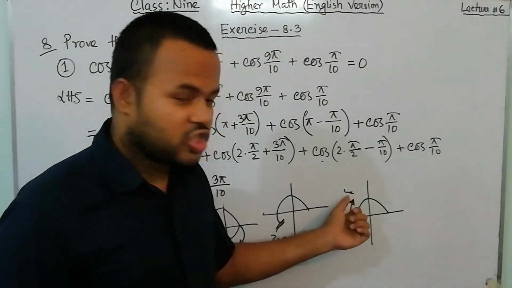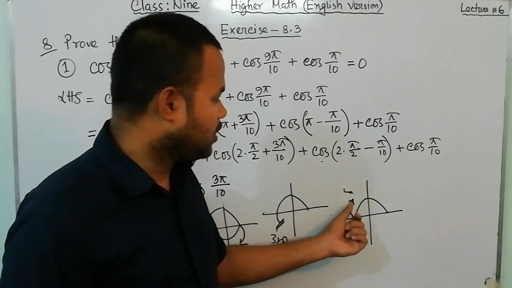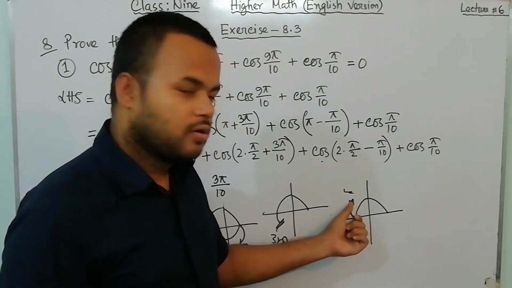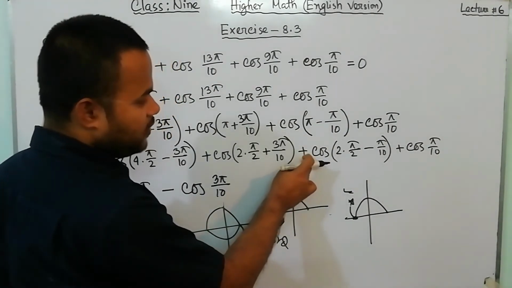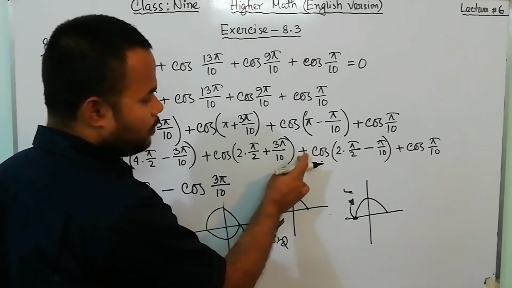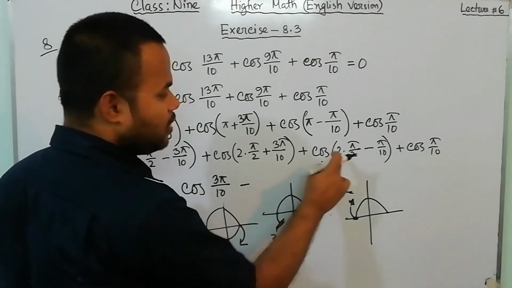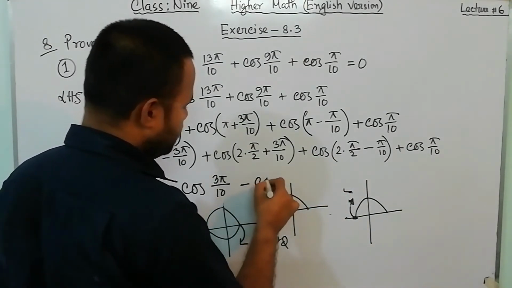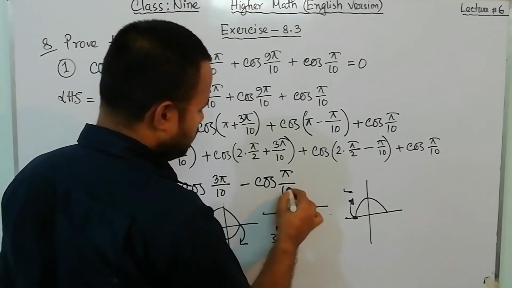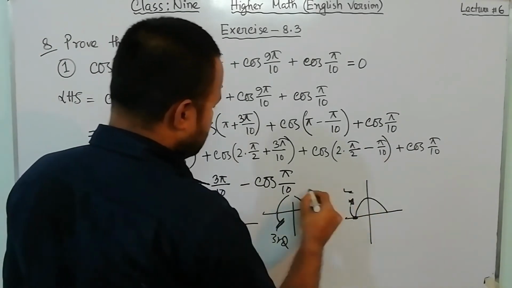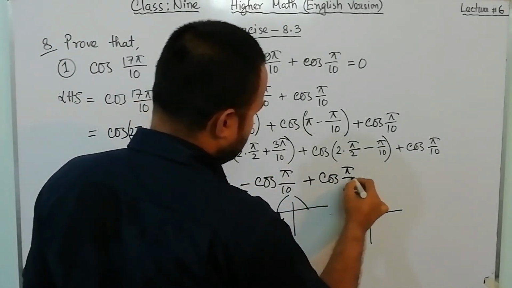All other ratios are negative here. So the value of cos here is negative. Now we have to put negative here. If we put negative, then we have positive into negative, that is negative. For these two, 2 is even, the ratio will not change, it will be cos, and here theta is π/10. The other one is cos π/10 here.